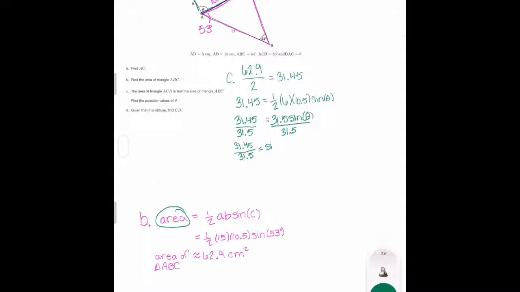And then, of course, to get theta by itself, we're going to do the inverse sine on both sides. So that would give us the inverse sine of 31.45 over 31.5 equals theta.